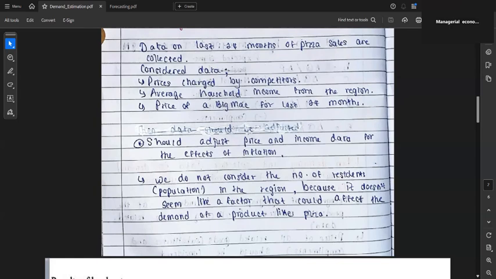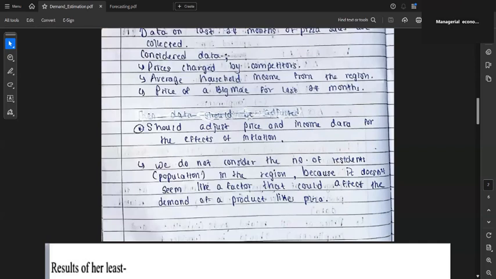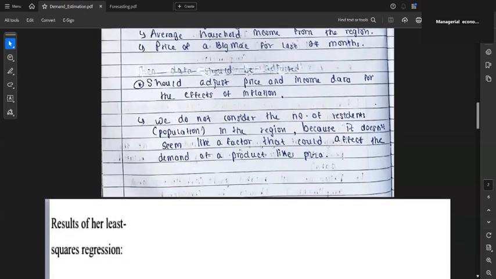So these inflationary changes should be adjusted, because if the income and the price have changed only due to inflation, then it might not impact the demand for the product much. So those kinds of factors should be adjusted for inflation.